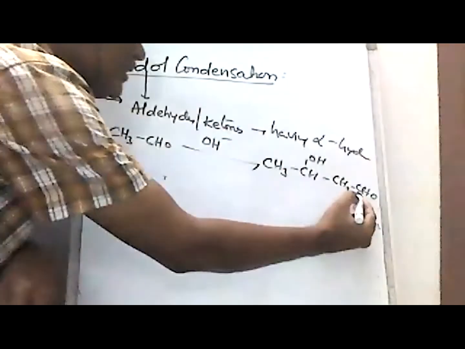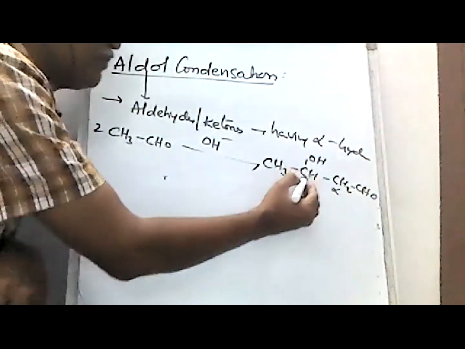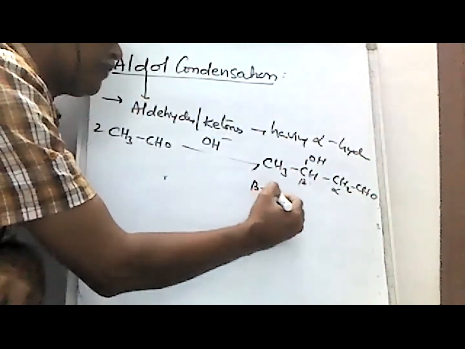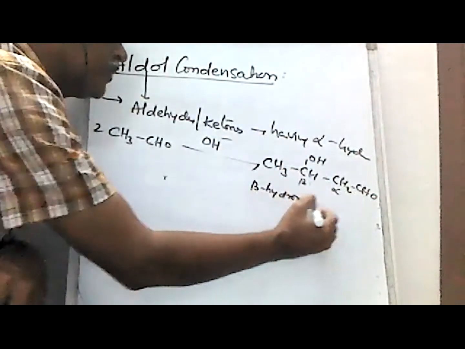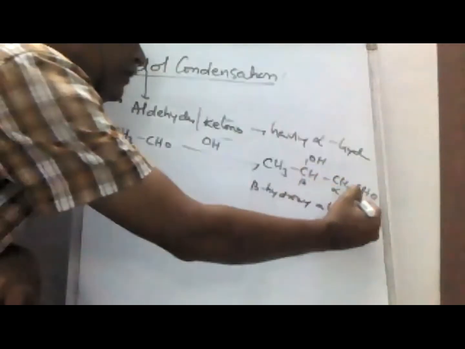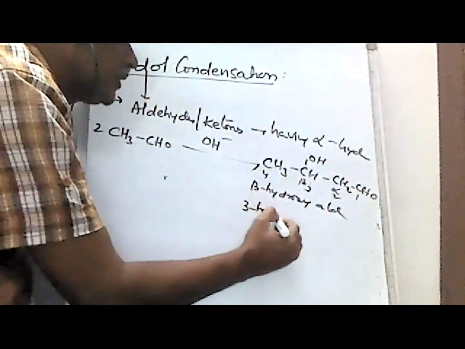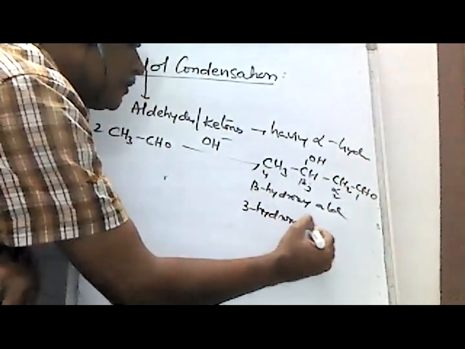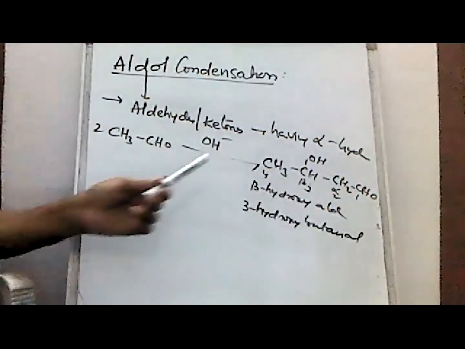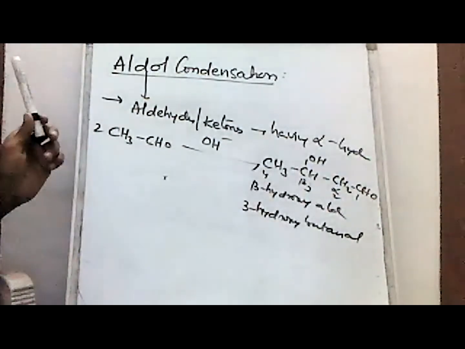This is the functional group, this is the alpha carbon, and this is the beta carbon. There is an OH group on this beta carbon. That's why it is called beta hydroxy aldehyde. Its IUPAC name is 3-hydroxybutanal.